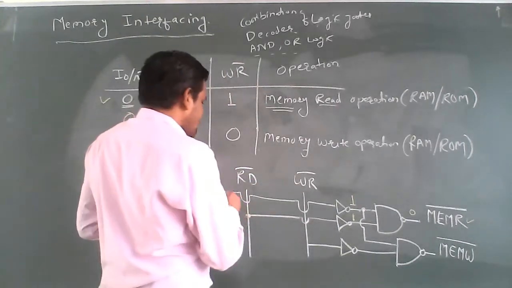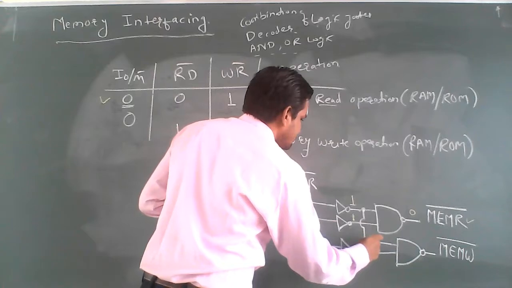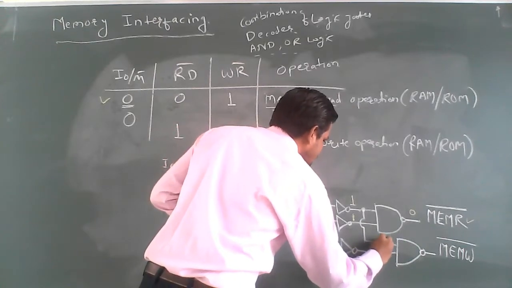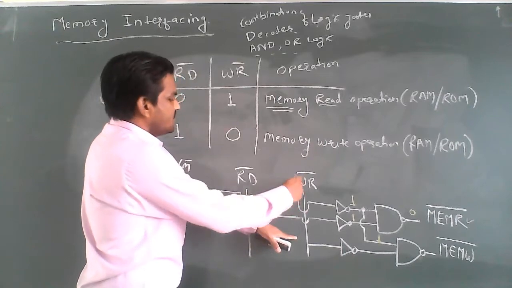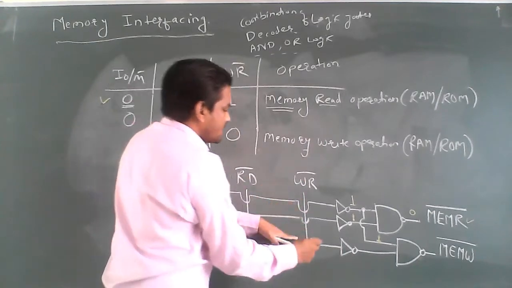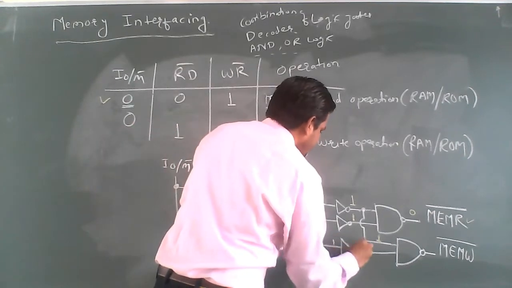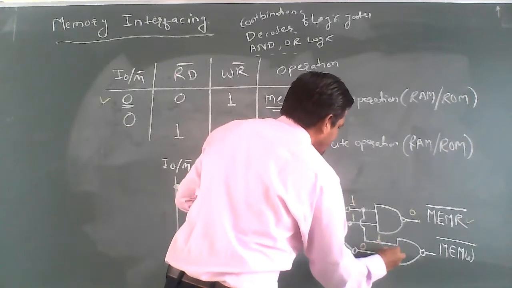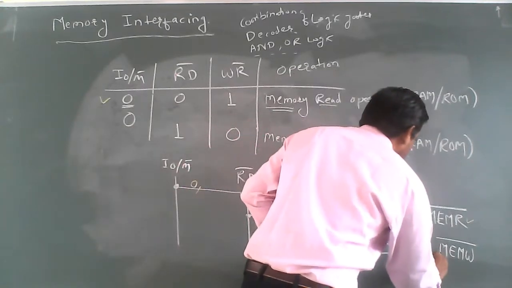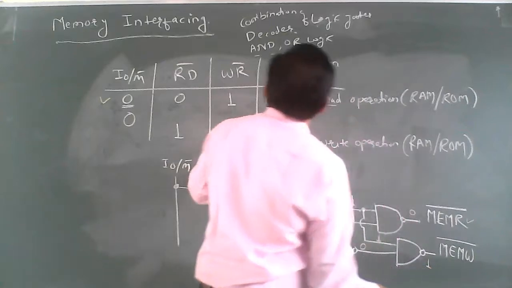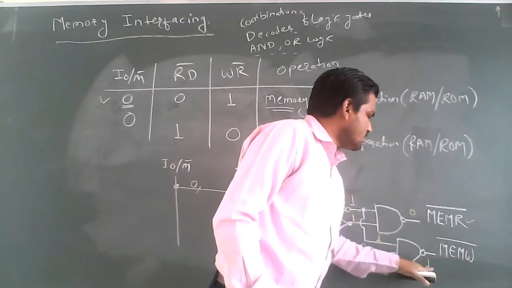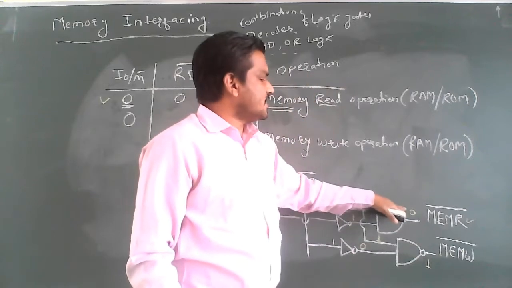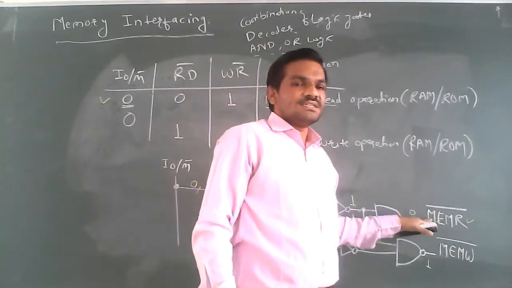Now this 1 is passed as it is to this AND gate, and this is WR bar. WR bar is equal to 1, so when 0 and 1 are passed it is 0, and then it is 1, so MEMW bar is equal to 1. This indicates that your memory read operation is carried out.